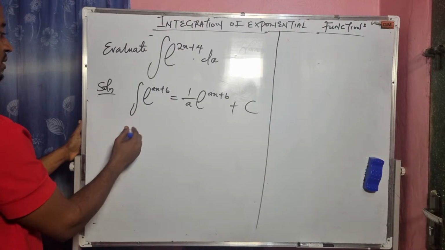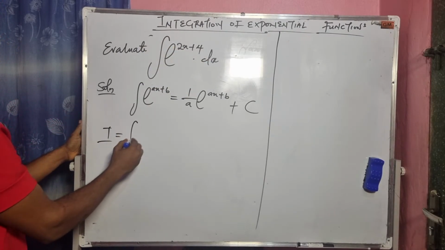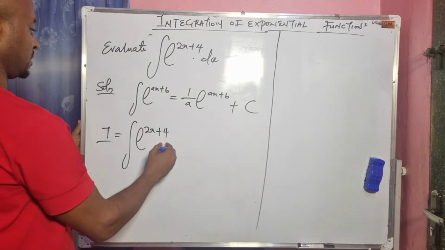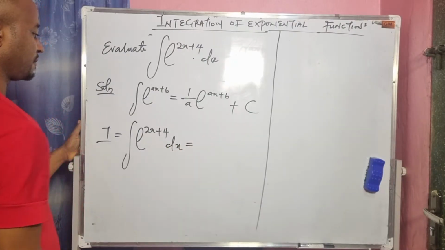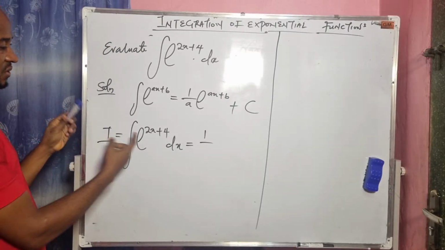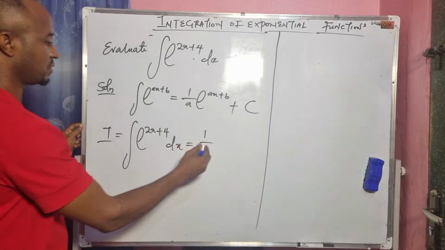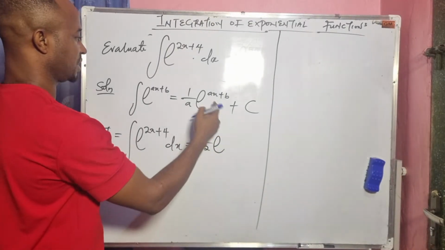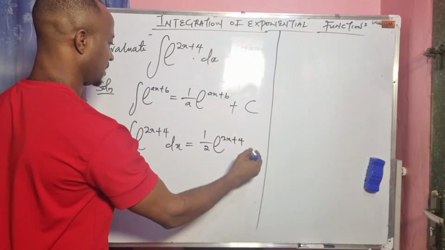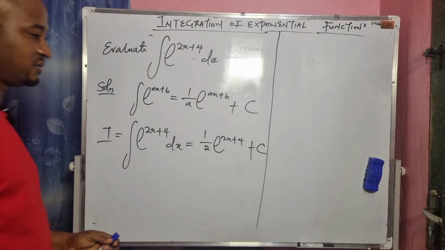That means this whole expression, our I, being an integral of exponential 2x plus 4 dx, will be 1 over, in this case, when we compare this with this, our a is actually 2. So here it becomes 1 over 2 exponential 2x plus 4, then the rule says plus c.